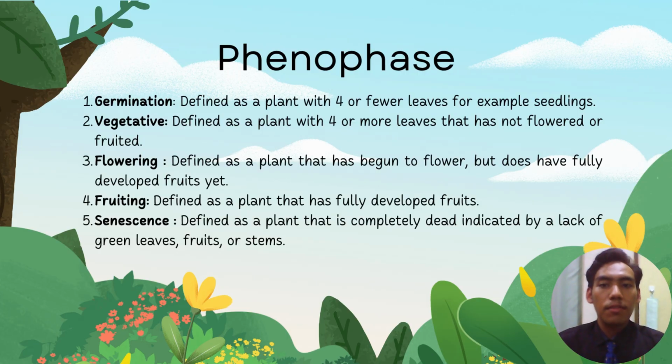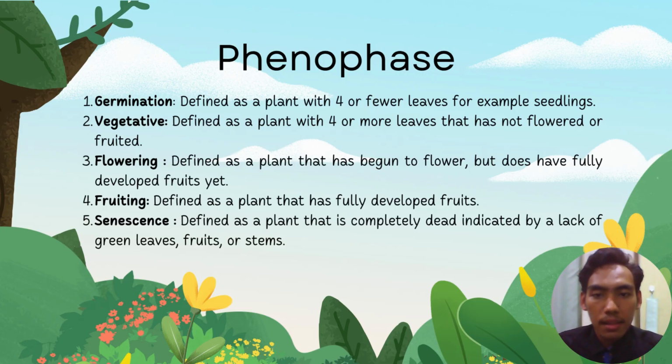Next is the flowering stage. It is defined as a plant that has begun to flower but doesn't have fully developed fruits yet. Next is the fruiting stage. Fruiting is defined as a plant that has fully developed fruit.